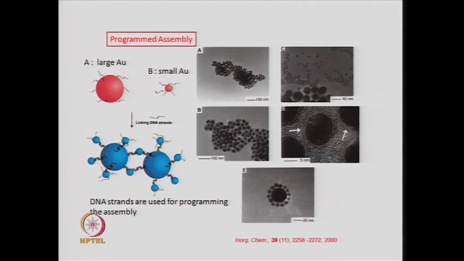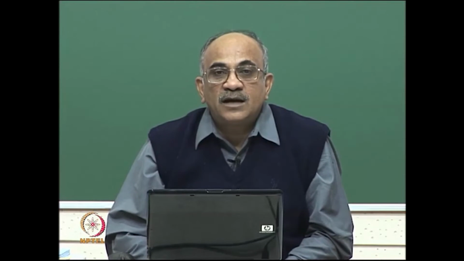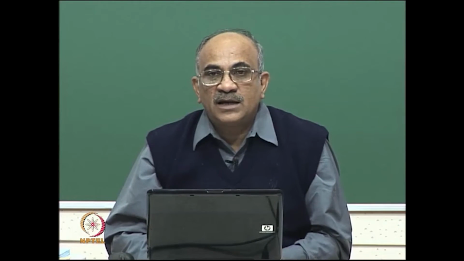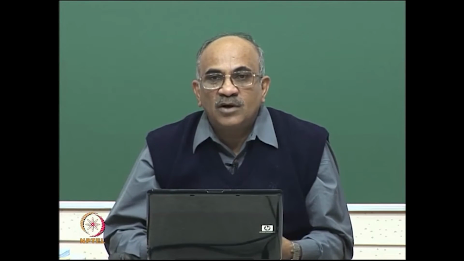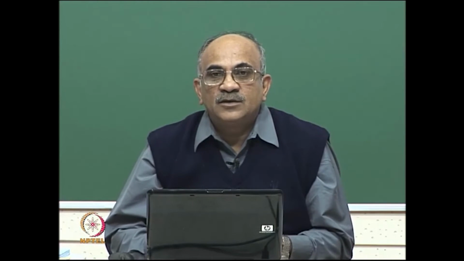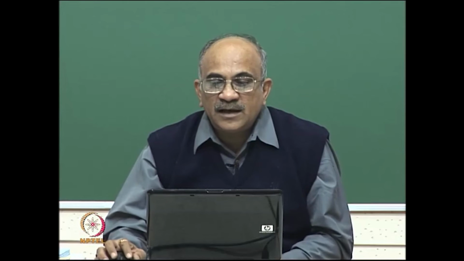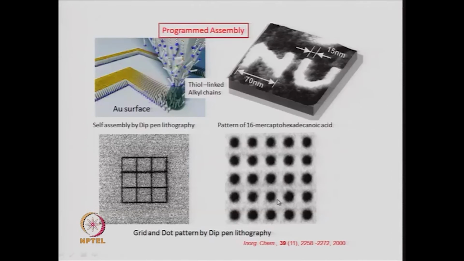It may be better called programmed assembly rather than self assembly, because you have made the molecules in a particular fashion. You have programmed that the molecules will come together only in that fashion, and you are successful. The TEM is proof that you are successful in doing that, and you have those small gold nanoparticles around the large nanoparticle.